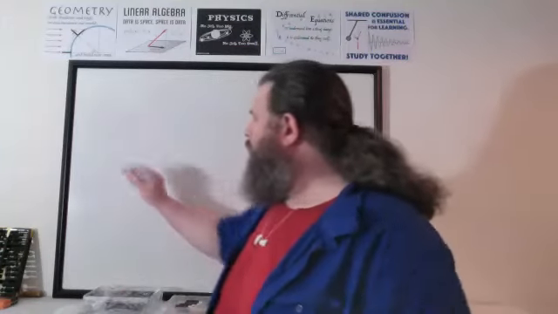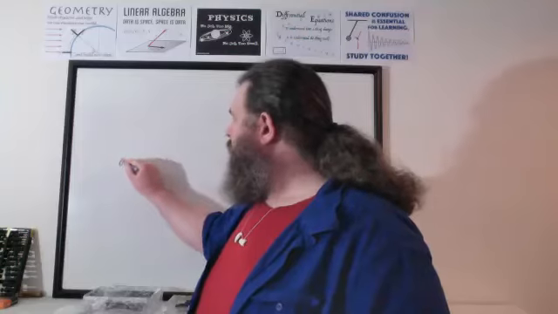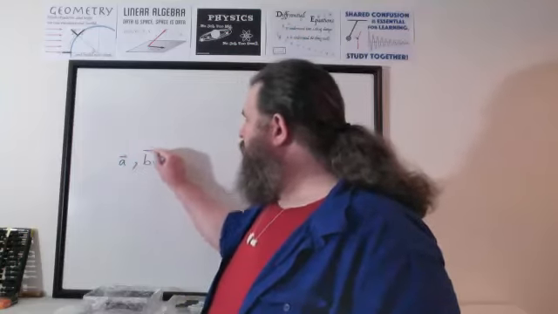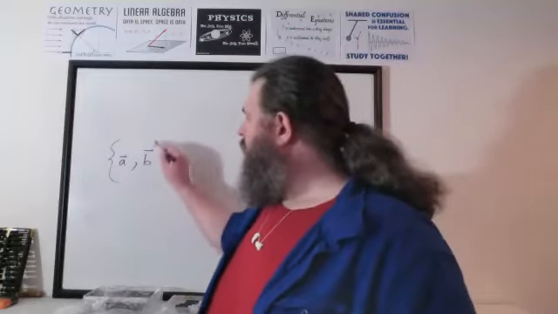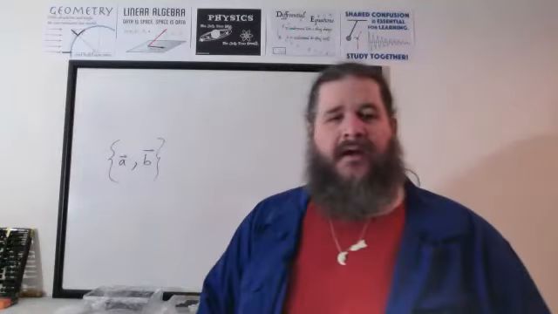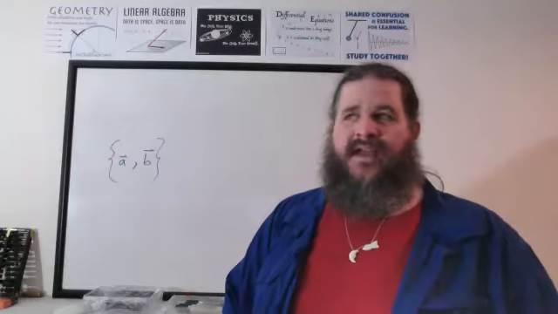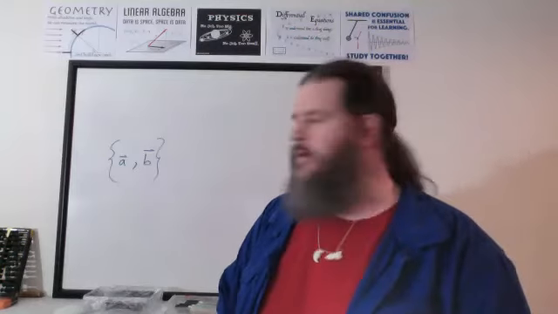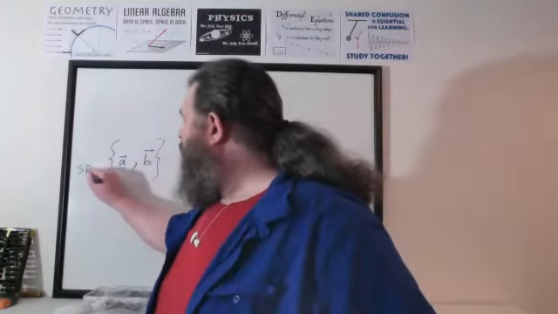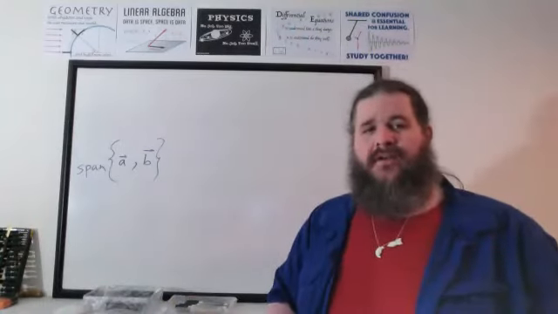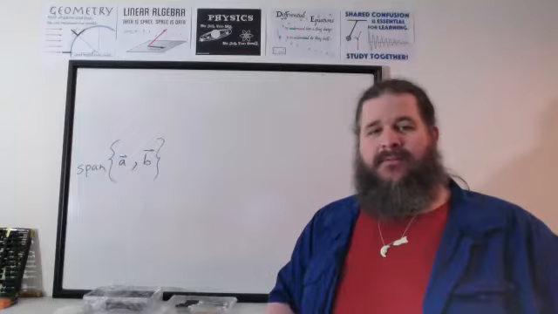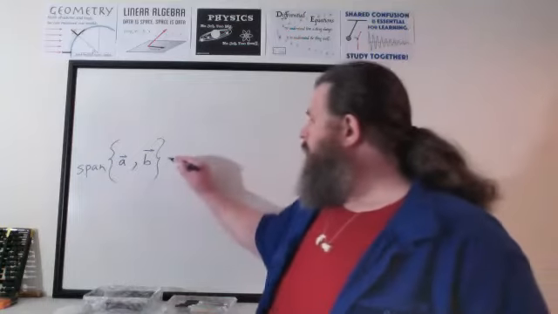Like let's say we have two vectors, A and B. If I put them in curly brackets, this is now a set of two vectors, a set containing those two vectors, and that's it. But if I say span of these two vectors, that means not just those two vectors, but also everything you can build by linear combinations.